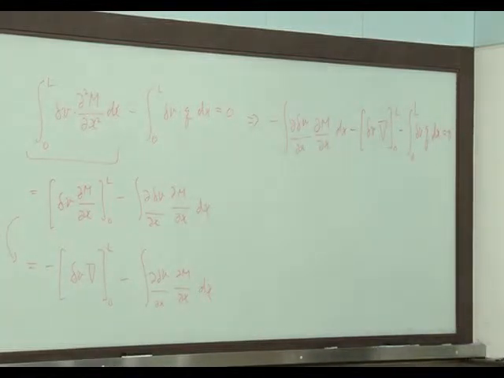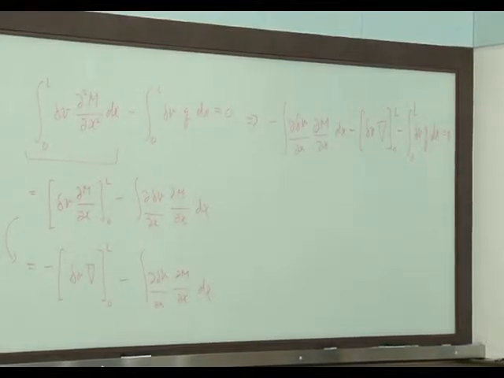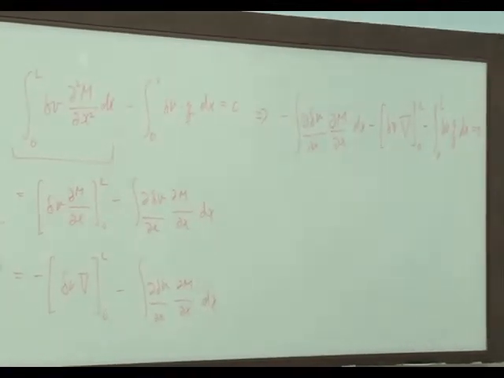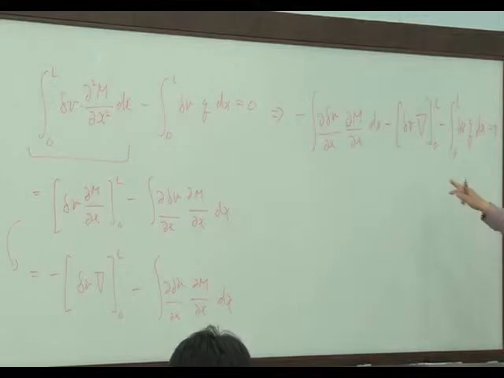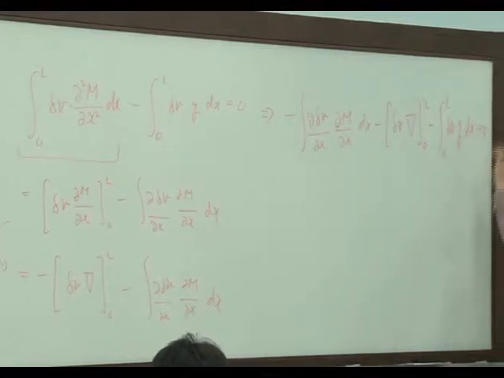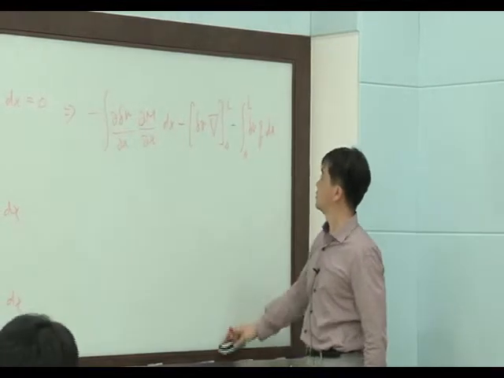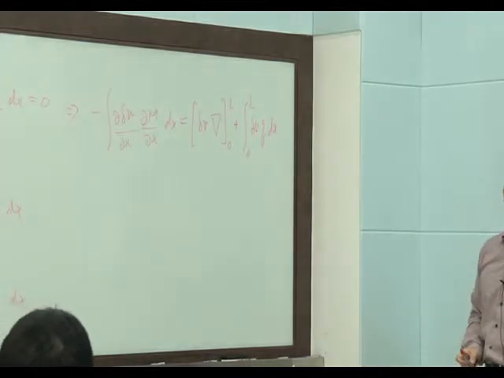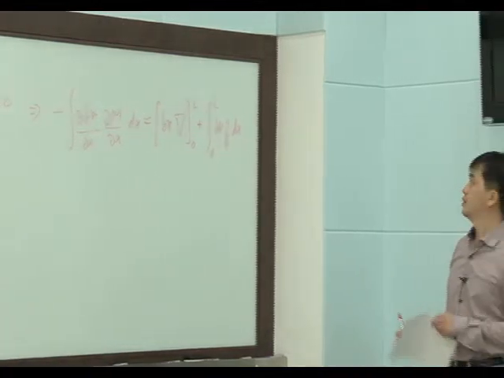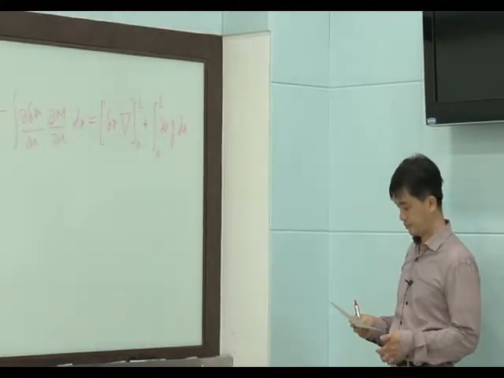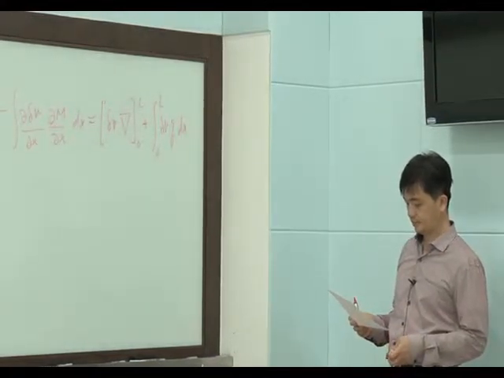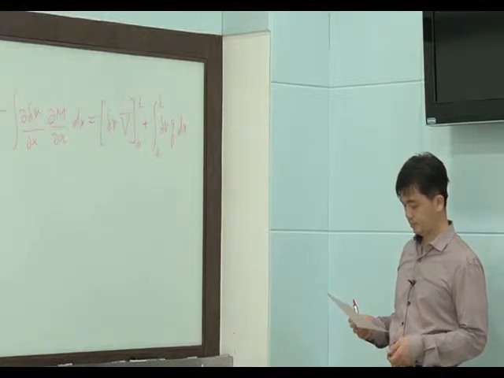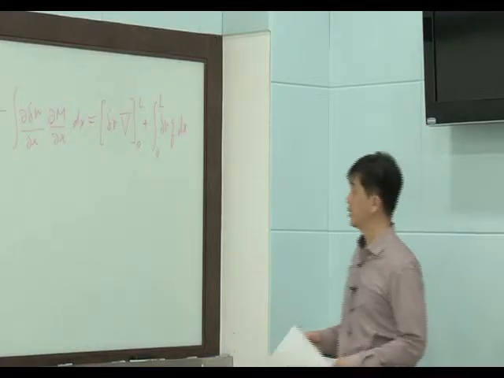So here we have three terms. And if I move these two terms to the right-hand side, this big equation can become like this, plus, minus, right?